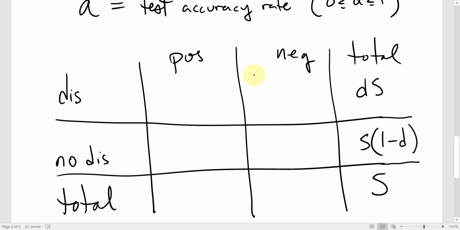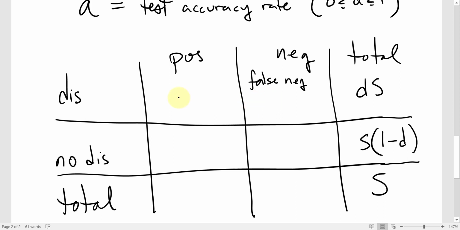And as before, this is the false negative. These are people that have the disease. In this box, we would say you're in this row, has the disease, but you tested negative. So we need to figure out, how do we identify the number of people that are false negatives?